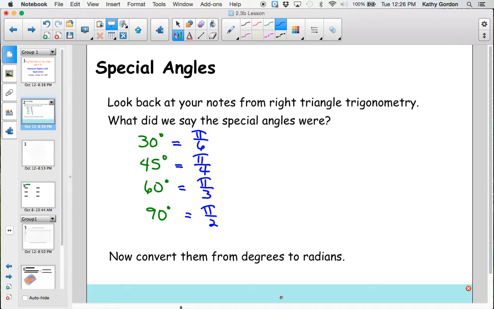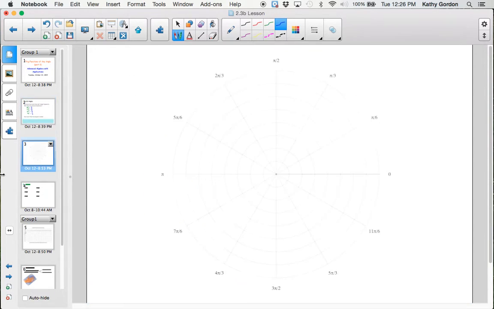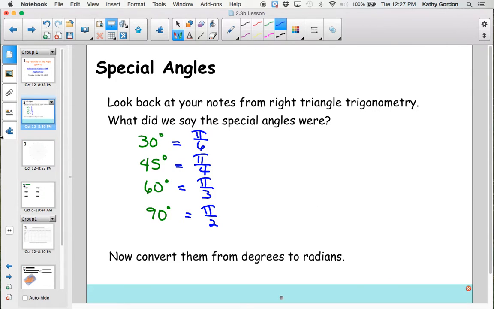Okay? All right, so we did this a little bit in a previous class. We talked about the circle and rotating around the circle, and we identified some of the significant angles around our rotation. Well, those significant angles were all multiples of these special angles in radian form.